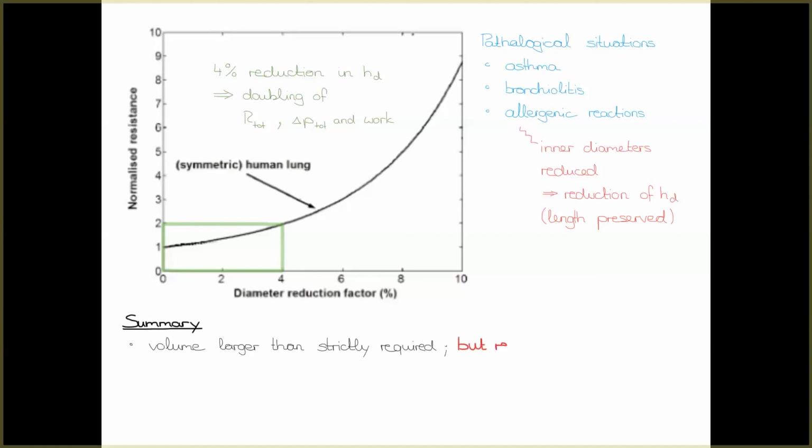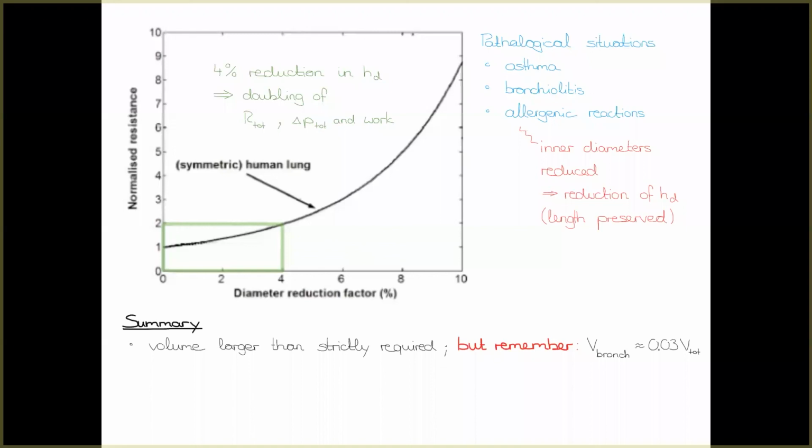But something we should remember is we are talking about 3% of the overall volume. We said that all the acini, that's basically together the part which makes up the respiratory region, make up about 90% of the lung. But here we are not talking about the rest.